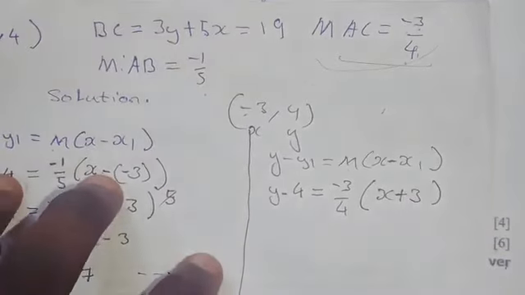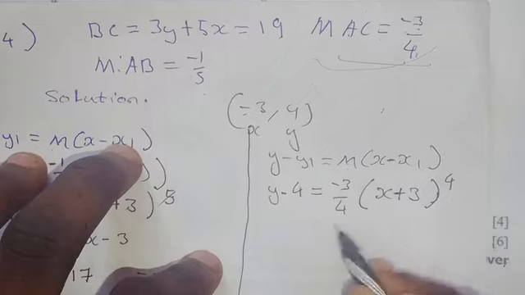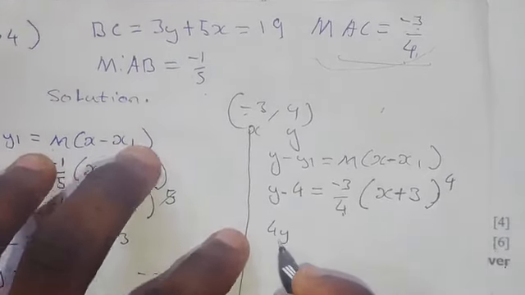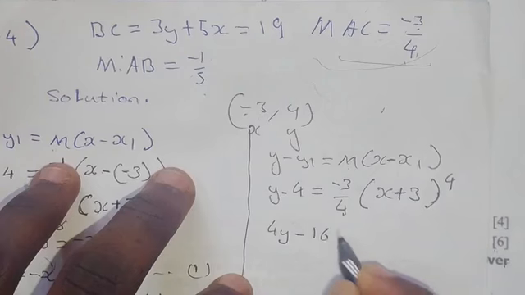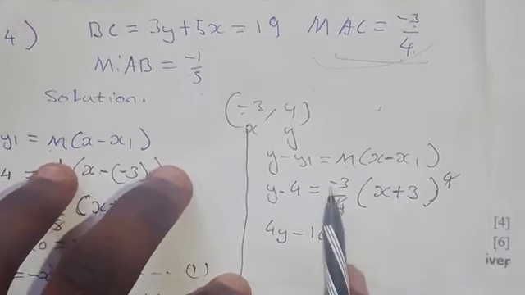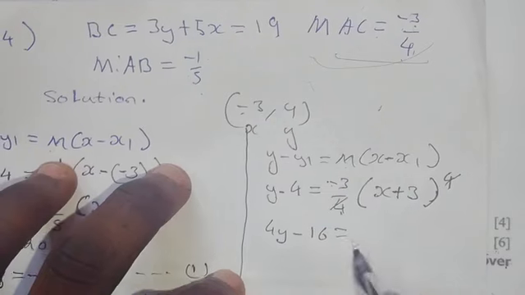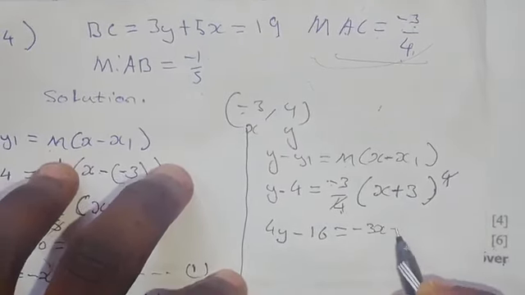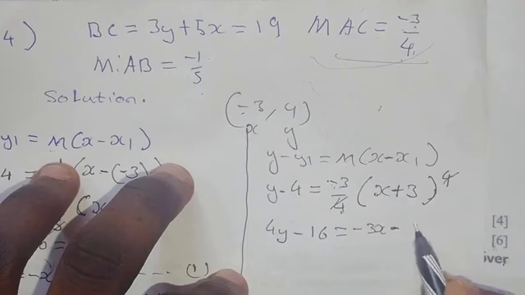Then we get rid of the fraction by multiplying by the denominator, which is 4 here. So 4 multiplied by this gives us 4y minus 16 is equals to, and this will go, so we are just going to multiply this with the things in the brackets. So we have negative 3 multiplied by x to give us negative 3x, minus negative 3 multiplied by 3 to give us negative 9.